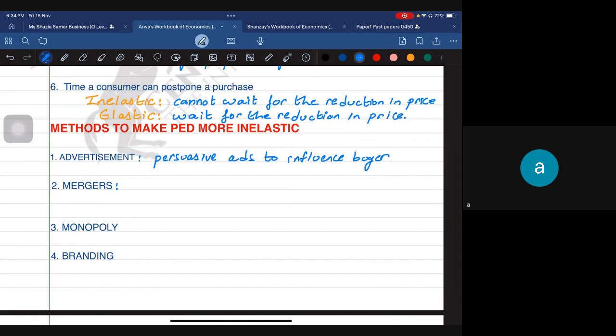Mergers. If, for example, I'm not sure about this example, a business which is producing an elastic product merges with another business which produces an inelastic product, it could make their combined products' demand inelastic. It is also because you eliminate a competitor from the market, so there are less substitutes available in the market.